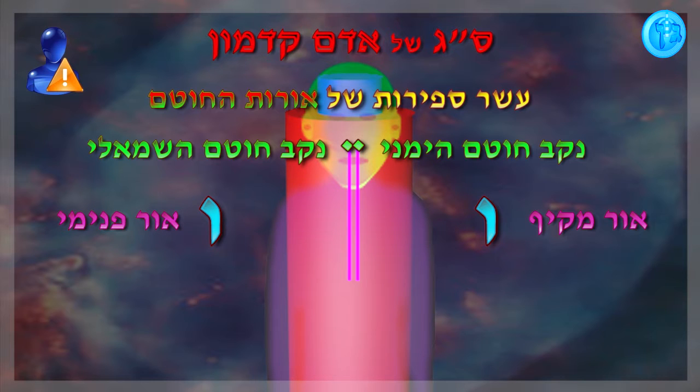Based on this, the Arizal points out that there is one letter Vav in the light of the right nostril, as well as a second letter Vav in the light that came out of the left nostril.